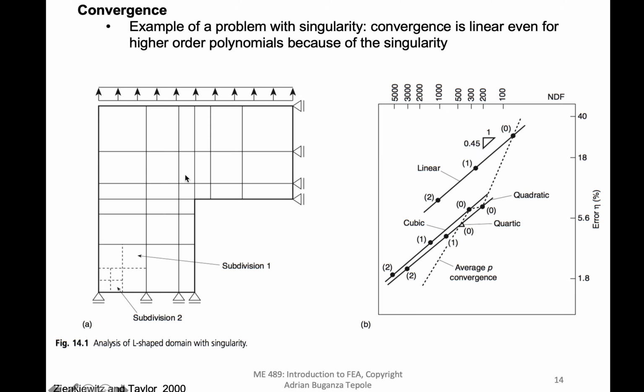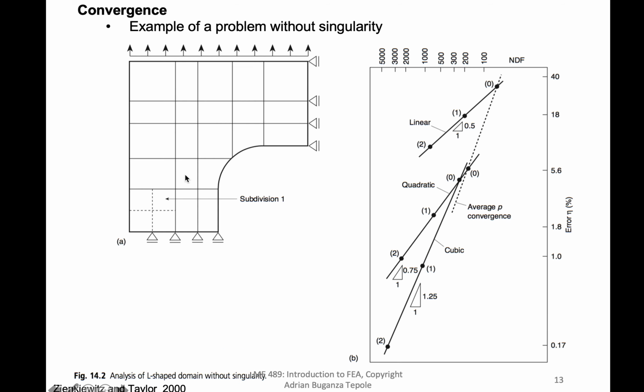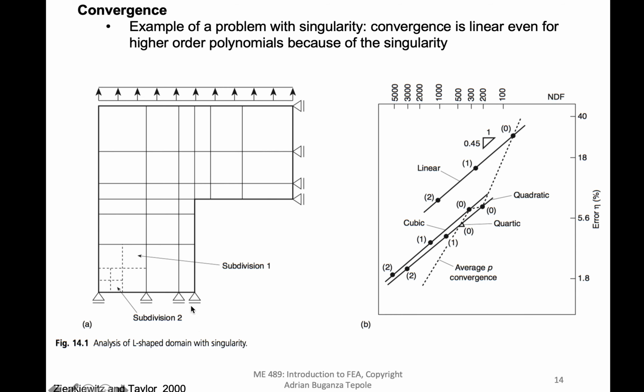But this is true only if the geometry doesn't have any kinks. Now, what happens if you have a very similar problem, but now you have this 90-degree corner, and that gives you a singularity here? Then it doesn't matter whether you use linear, quadratic, cubic or quartic elements. You just don't get better convergence.